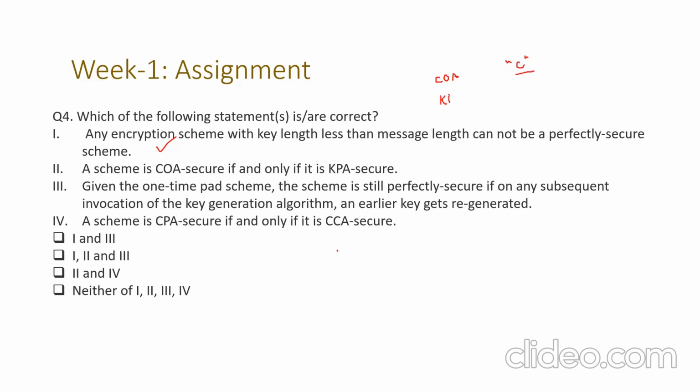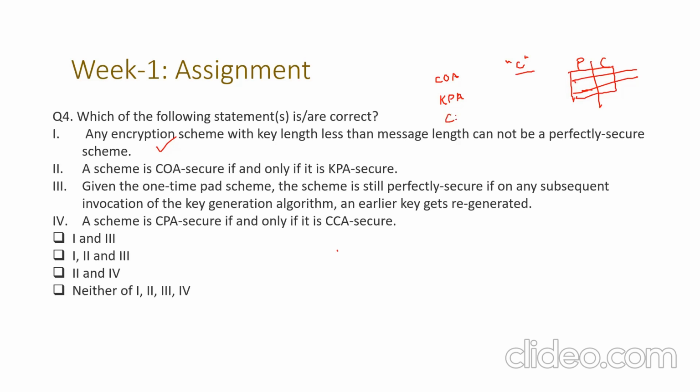Then comes the KPA, where the adversary has more power in that it has access to some plaintext-ciphertext table. But it cannot control the entries of plaintext in the table. It just gets to know somehow pairs of plaintext and ciphertext.